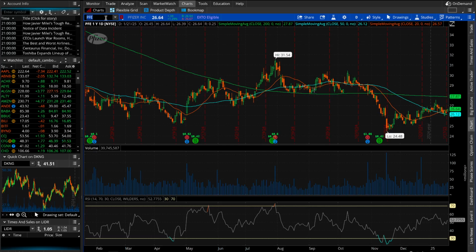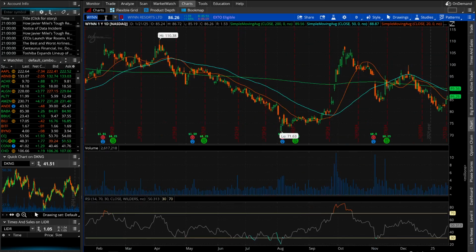I'll just go to something else, like Win. Now this is a semi-ugly chart right here. This thing is just going down. Now it did pop back up, but now it's going right back down again. So I would probably say this one has resistance somewhere between 100 and 105.